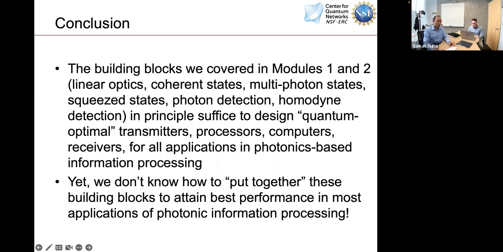Also, all of the hardness proofs, especially for boson sampling and Gaussian boson sampling, rely on a conjecture.